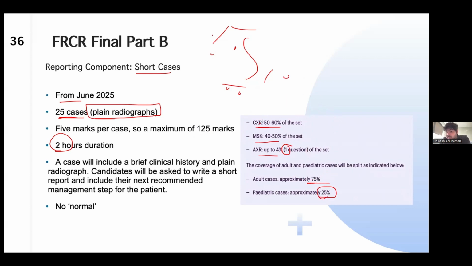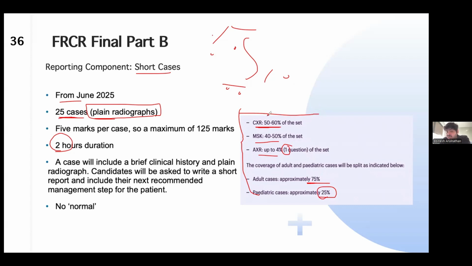So this is the component which Indians usually suffer a lot with, because in India plain films are not routinely reported, right? They are taken care of by the clinicians. An X-ray is viewed by the clinician himself, and he makes his own interpretations. They are not viewed and reported by radiologists.